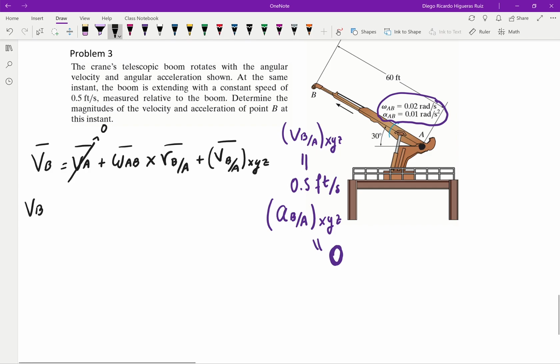Okay, we keep solving for this, same as we have done before. We're going to have a negative angular velocity, which is 0.02 k, cross product 60 feet j.